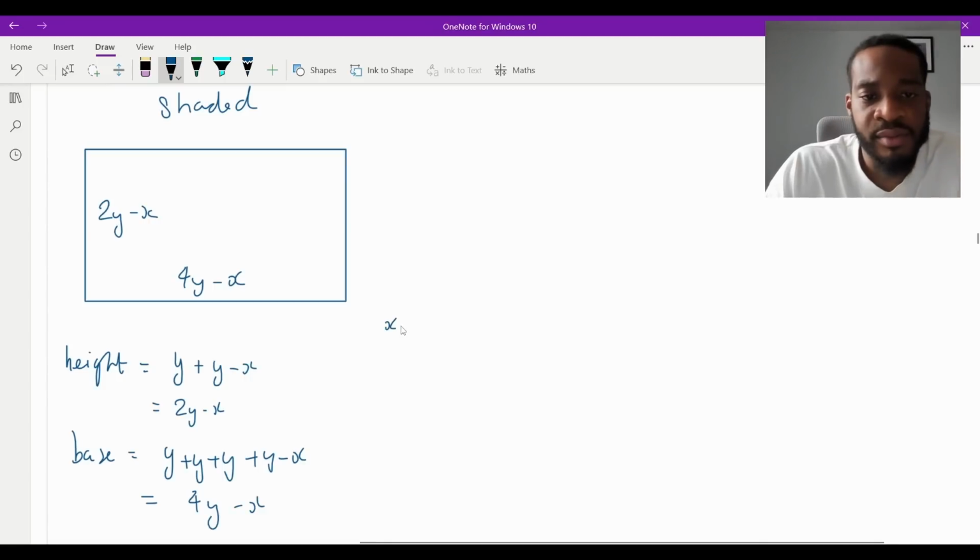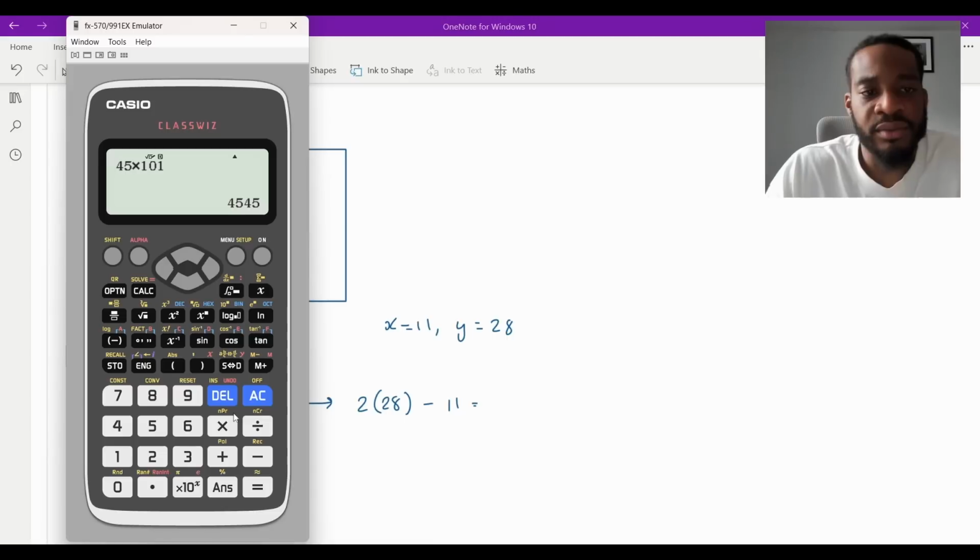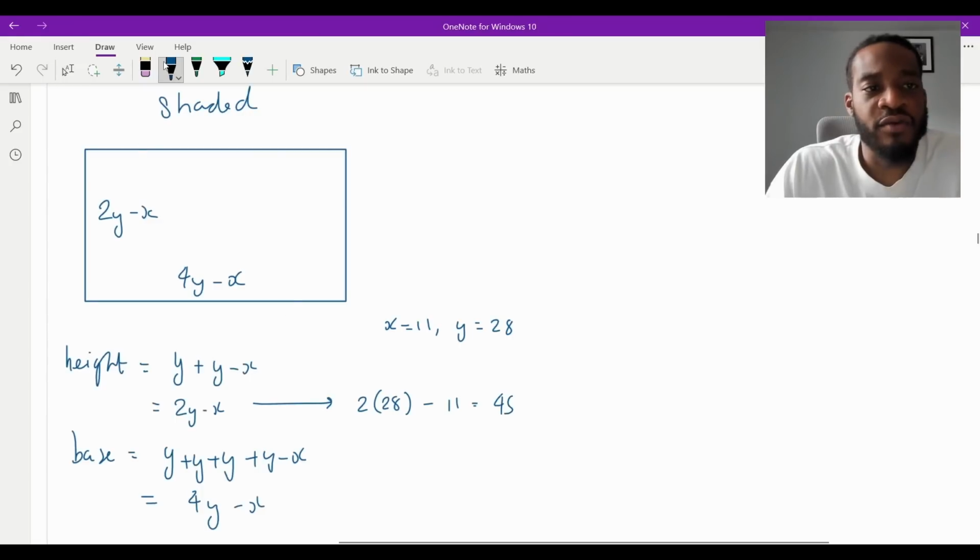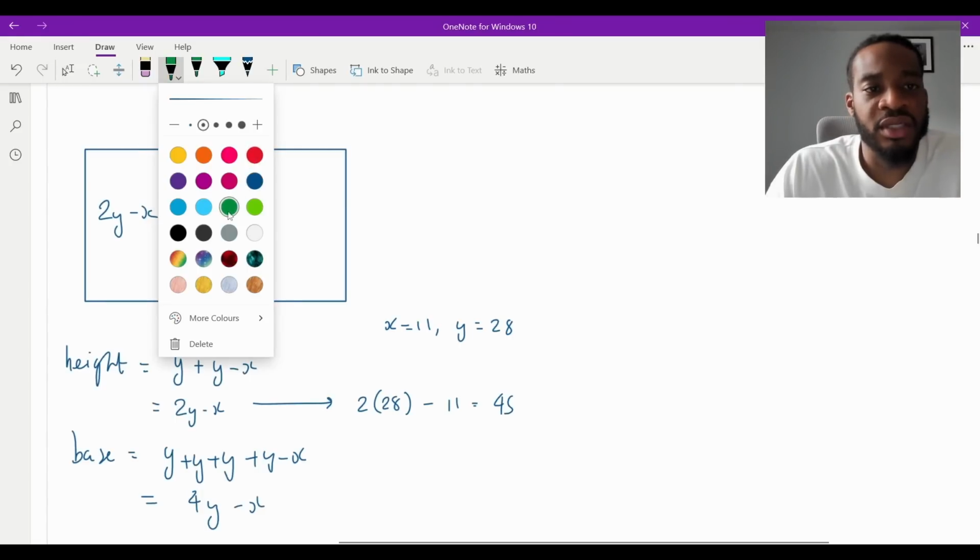Remember, x equals 11 and y equals 28. So if I plug that into there, then that's going to be 2 lots of 28 minus 11. So I'll put that into the calculator. So 2 times 28 minus 11, that is going to be 45. So the height of this rectangle here is 45. I put this in green.